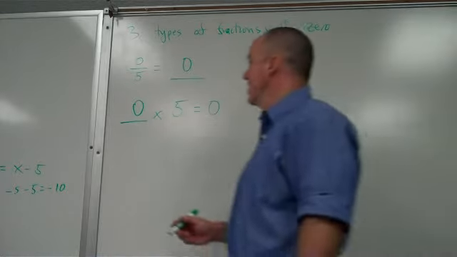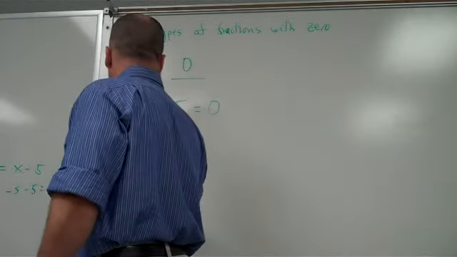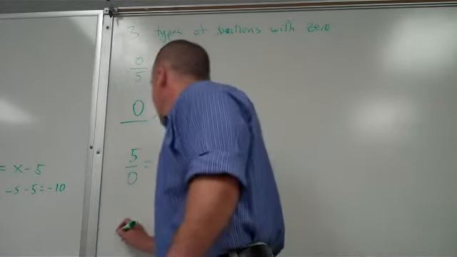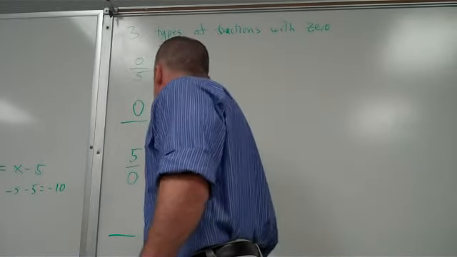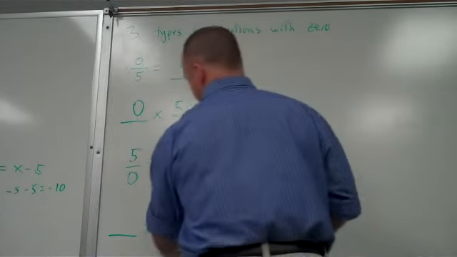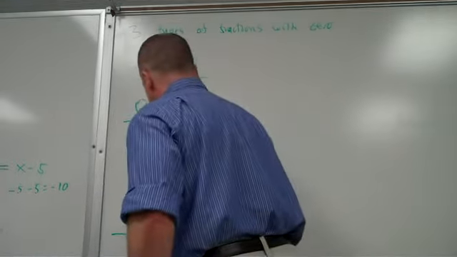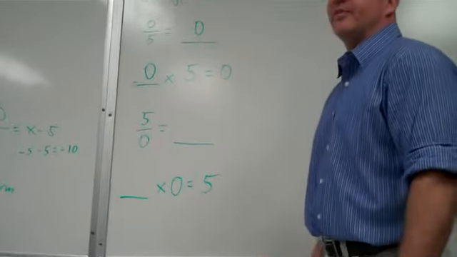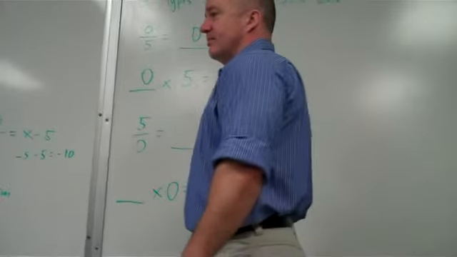Life is fine. If I have 5 over 0 equals blank, this is a restatement of the multiplication problem, blank times 0 equals 5. What times 0 equals 5? We don't know. It's undefined.